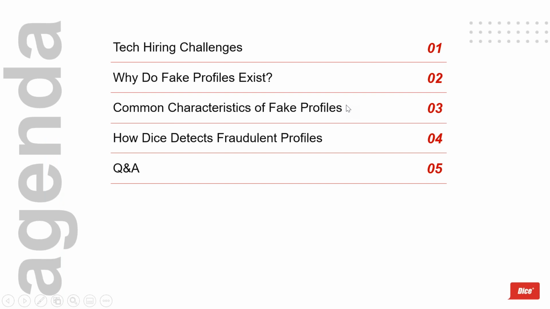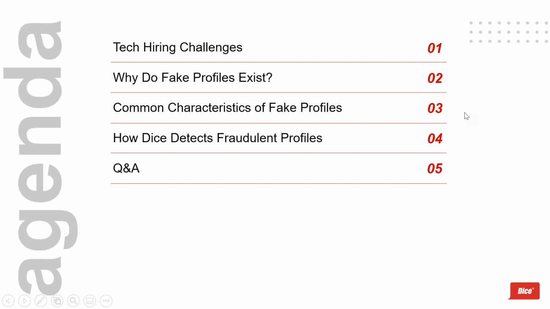So we're going to start with the tech hiring challenges. These are the things that we hear from conversations with employers and recruiters in tech hiring. We'll talk about how fake and misrepresented profiles interact with that and make those challenges worse. Then I'm going to hand it off to Danny, and he's going to talk about our DICE objectives for preventing database fraud, which will then lead into why there are so many fake profiles in tech hiring, what those profiles look like, and what DICE is doing to detect them.